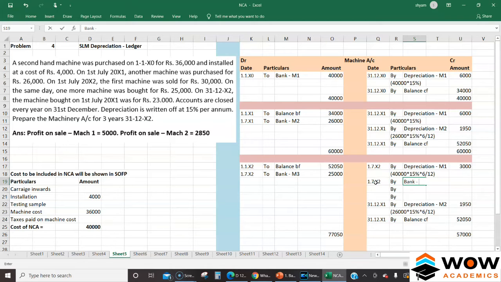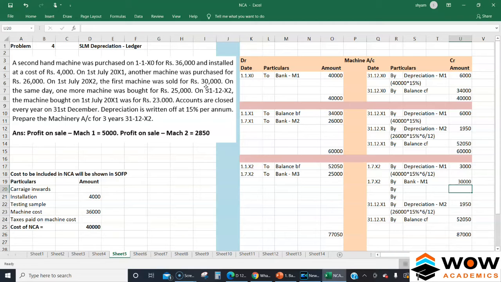So the bank amount for machine 1 has come. It was sold for 30,000.